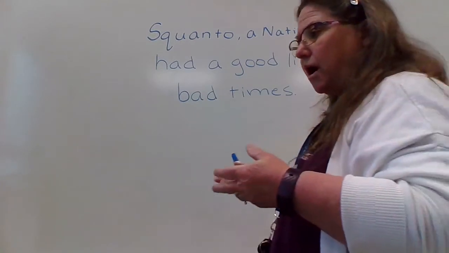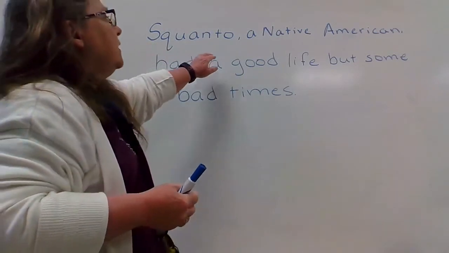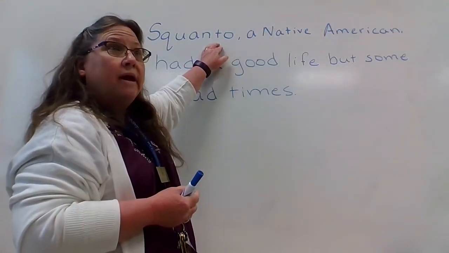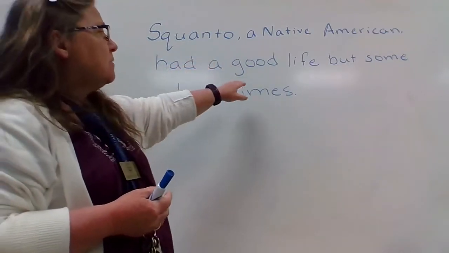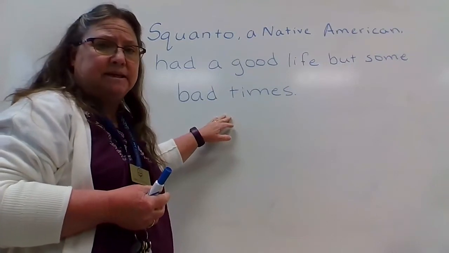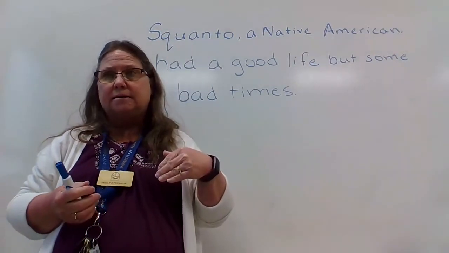So as I'm writing now, I can talk about that he was a Native American and that when he was born and where he was born. I can talk about the good things that he did. I can talk about the bad things that happened to him, keeping them in order as I write. Okay?